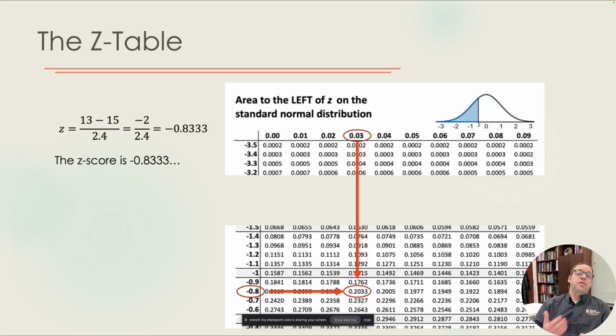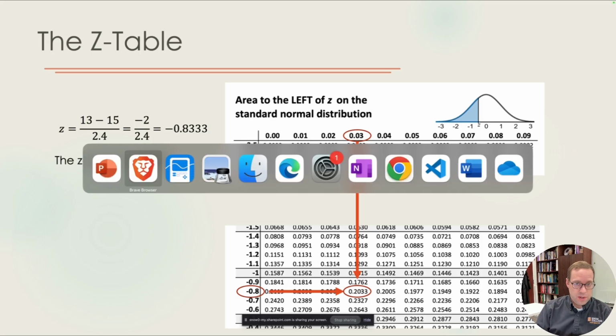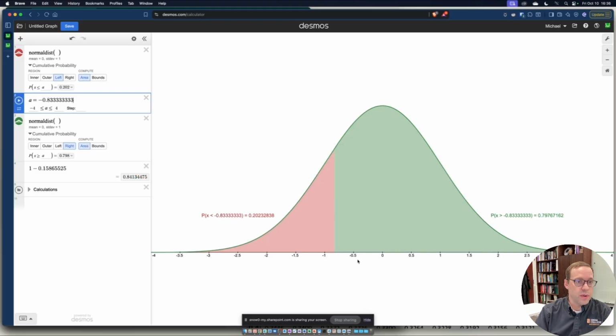Now here I have to make a huge disclaimer. We calculated a z-score of negative 0.83, and it gives us a probability of 0.2033 if you round up. Sorry, I said that wrong. That's exactly what we found on the z-table.